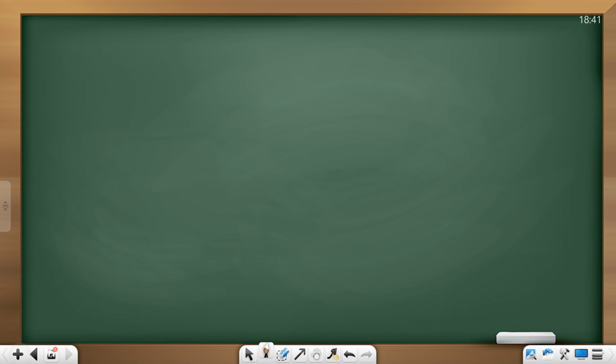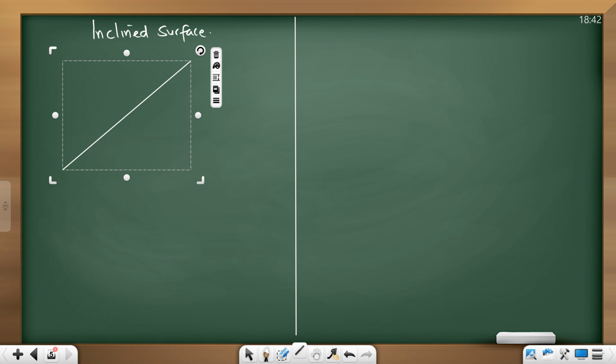Let's look at an inclined surface quickly. And my good learners, right from grade 11, you have been taught wrongly.